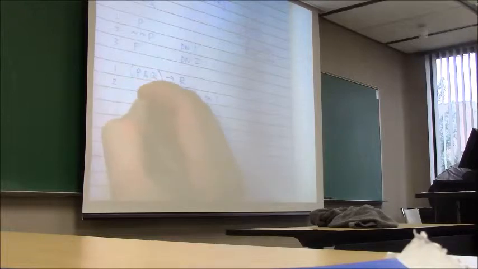Well, any of a number of things. I can apply double negation to the entire line and get this. That would be one thing. But I can also apply double negation just to the antecedent. And that's perfectly okay.